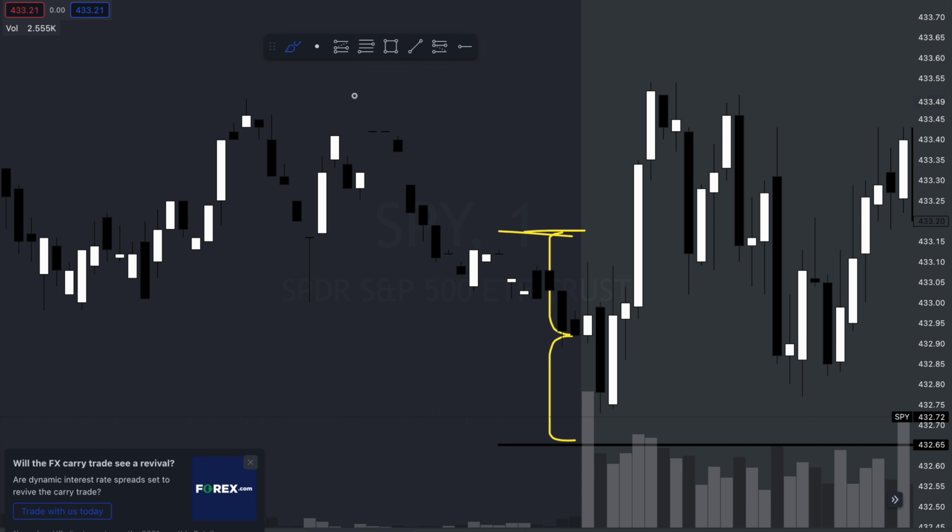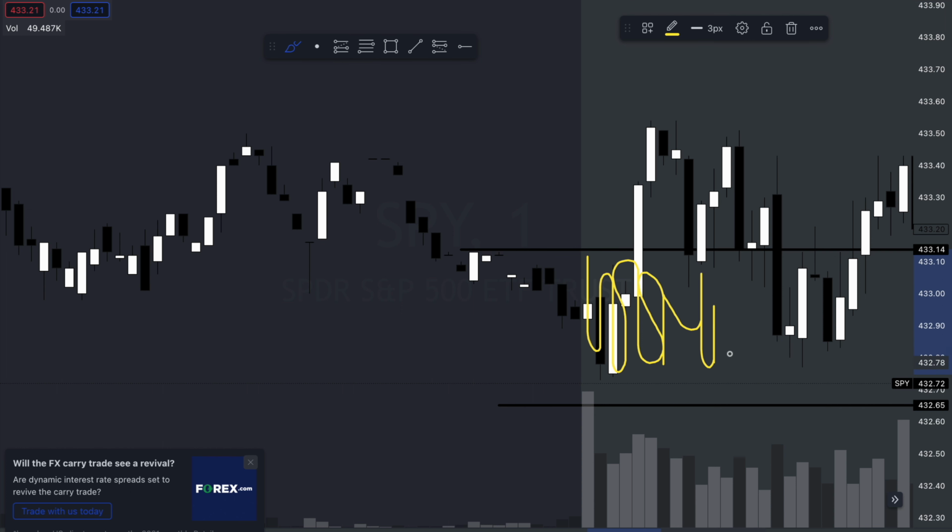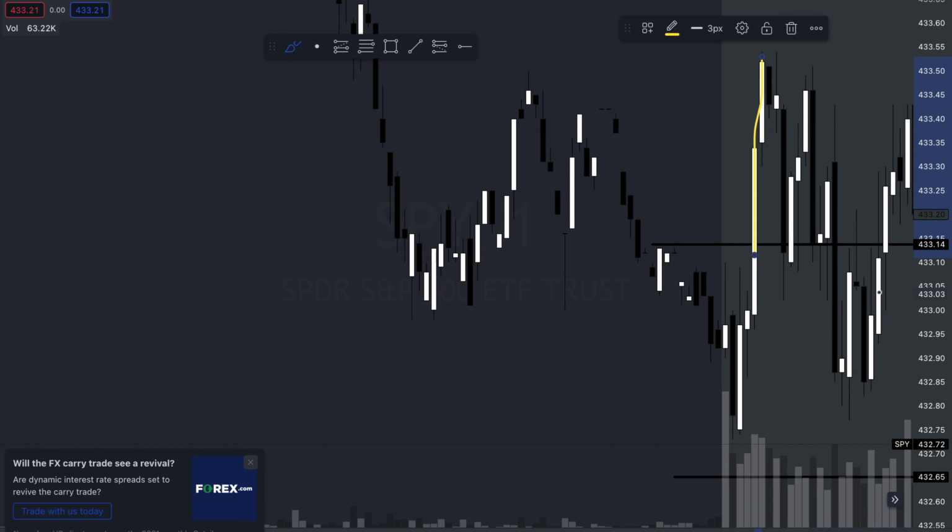I'm going to move this down to here, and now this is my relative high instead of it being up here. So this is my relative high, this is my relative low. That's enough space. It's 50 cents worth of space for the stock to move up and down in between these lines before it breaks aside, and then you can get calls or puts.